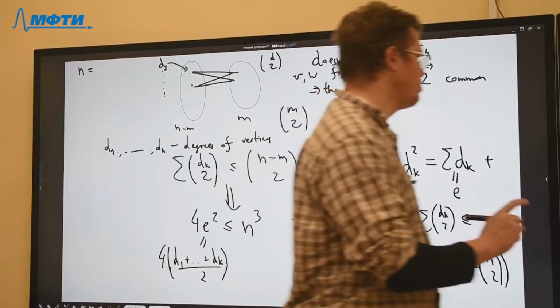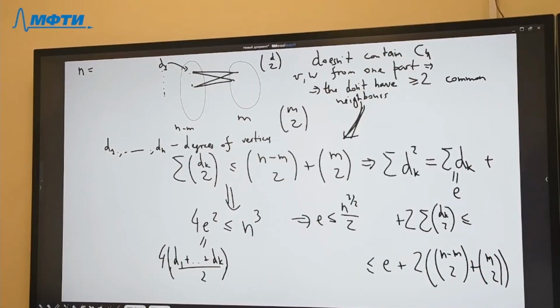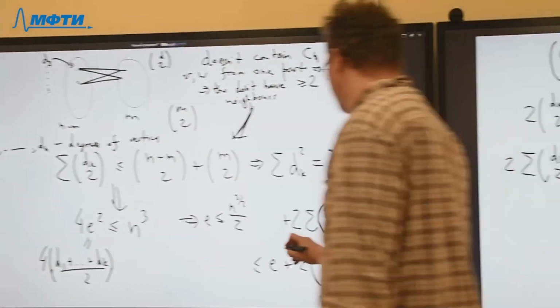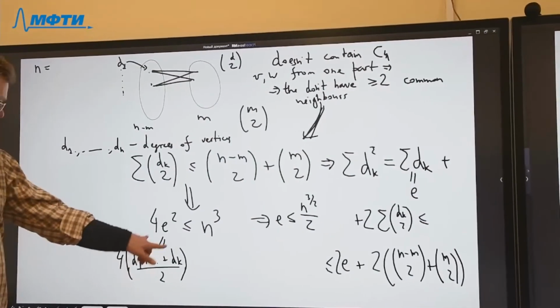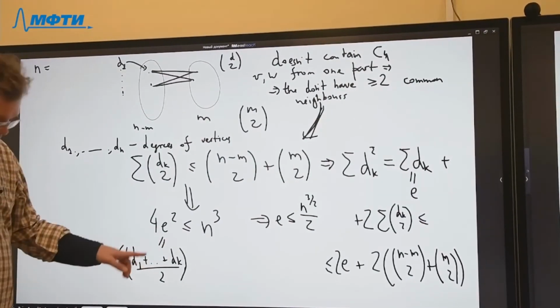So here it will be 2e, so I need to write 2e here. And also this will be the sum of the squares d1 squared plus up to dk squared.